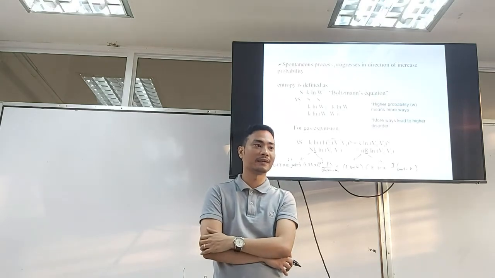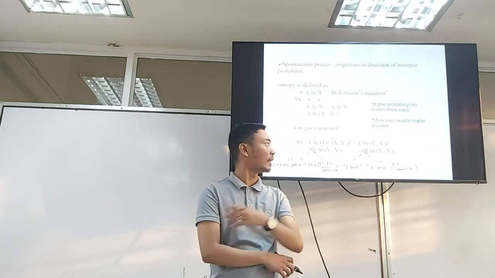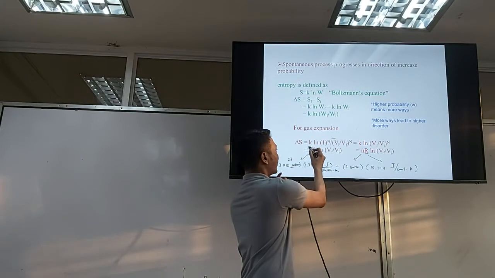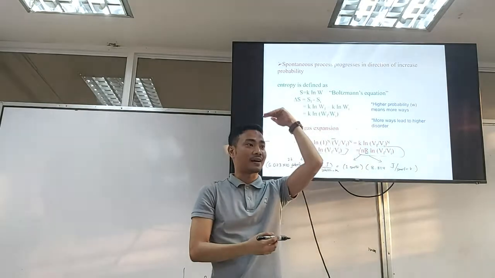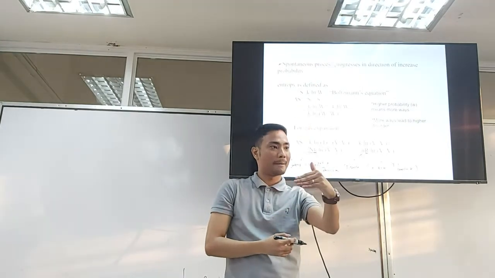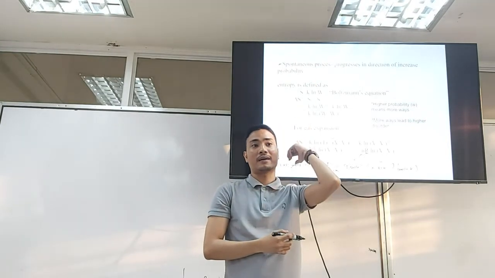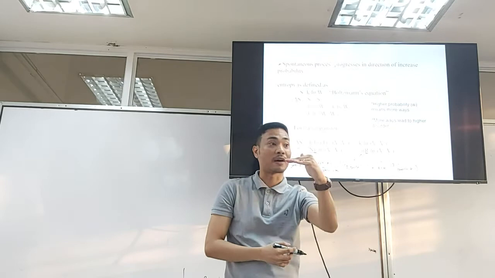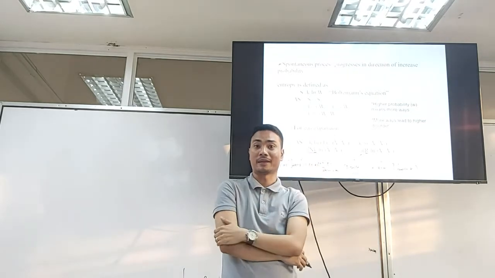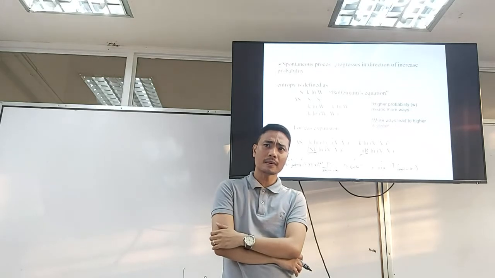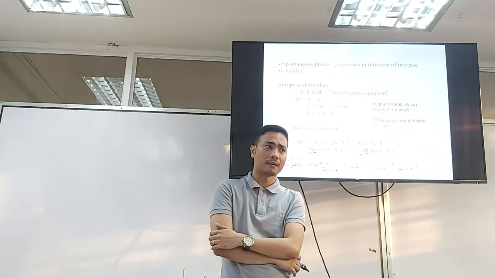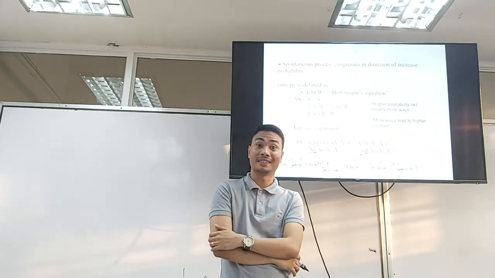So ibig sabihin, magagamit lang talaga yung equation natin doon lang sa boiler, condenser, tsaka sa condenser and evaporator ng thermodynamic devices. Naintindihan? We'll explain later na bakit pag adiabatic, delta S is equal to 0.